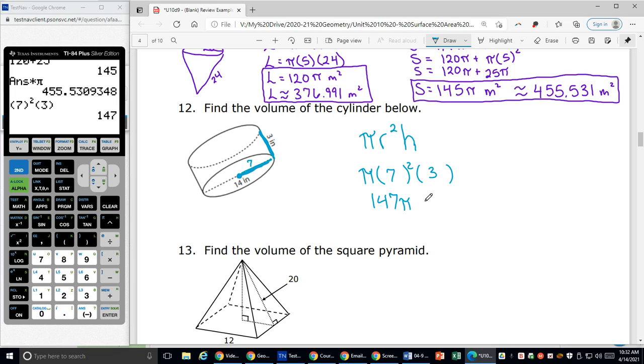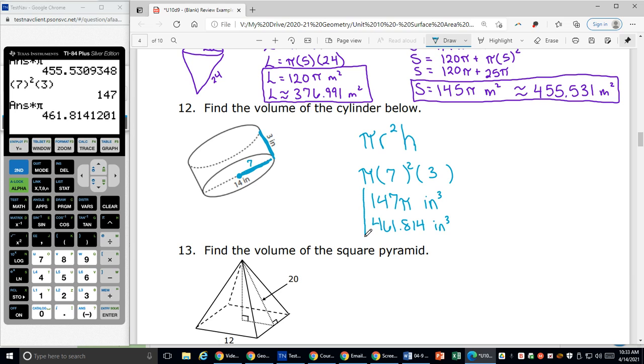And these are inches. And this time we're doing volume, so now it's inches cubed, okay? Which is approximately, times pi, so my 147 answer times pi, 461.814 inches cubed. There's my exact answer and the approximate answer.